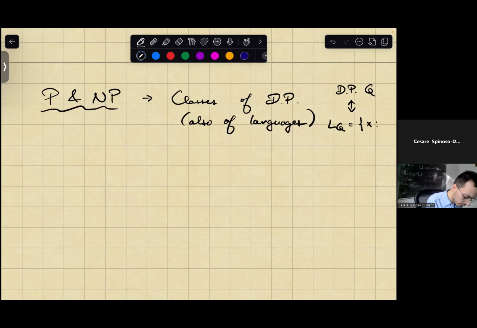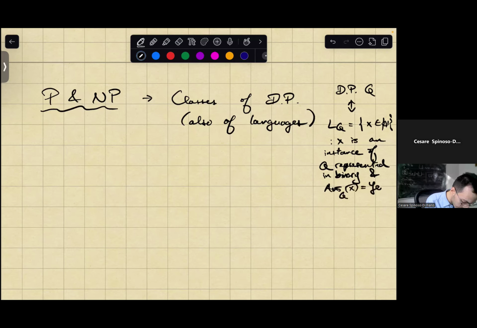So, X is in {0,1}*, such that X is an instance of Q represented in binary, and the answer to the decision problem Q of X is yes, right? So you collect all of the yes instances, you encode them in binary, you put those all in the language, and that's L sub Q, right?